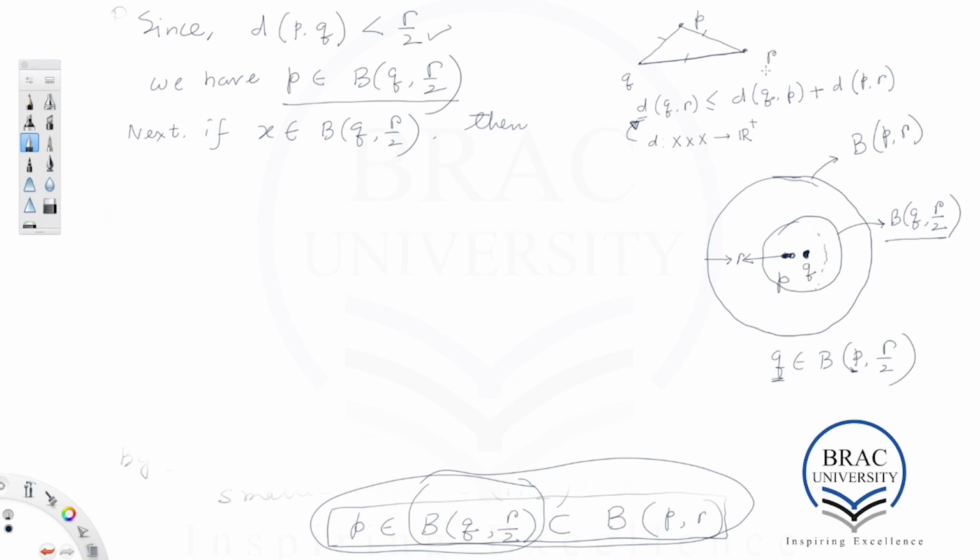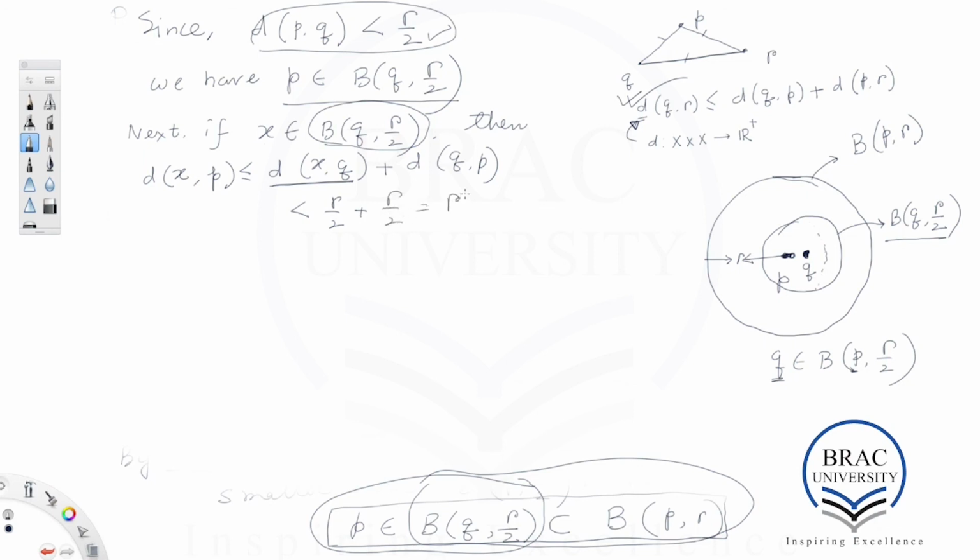Then we can write the distance between X and P is less than or equal to the distance between X and Q plus the distance between Q and P, using the triangle inequality for the 3 points X, P and Q. And the distance between X and Q has to be less than R over 2, because X is in this ball, and we know that the distance between P and Q is also less than R over 2.